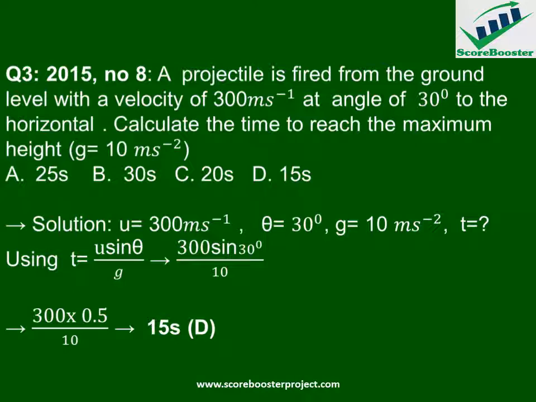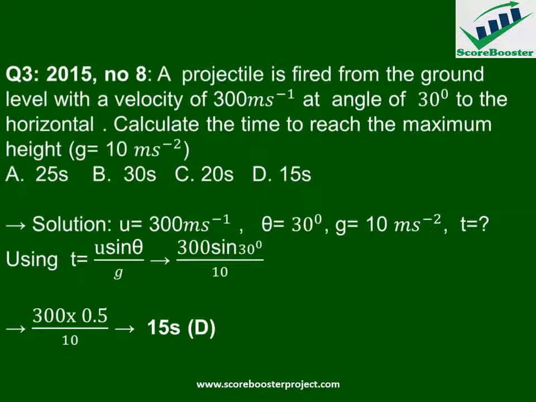Now on to solution. The first thing is to write out the given parameters. We are given the initial velocity u here to be 300 meters per second, and the angle theta to be 30 degrees, while acceleration due to gravity g is 10 meters per second square. Then we have to get small t, that is the time to reach maximum height.